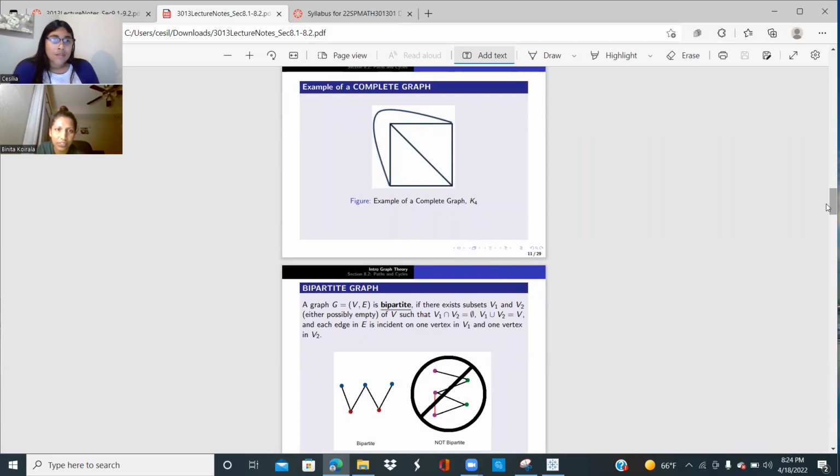Okay, this will be the example of the complete graph, the one you mentioned. So the bipartite graph, right?